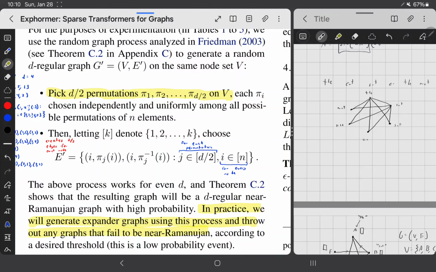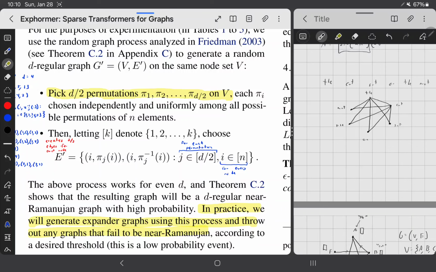So if you have a larger D, you have more edges, and it's basically better, messages are sent further, basically more routing of information. And if you have a smaller D, it's better computationally, but you don't get to send your messages as far, or you don't have as many edges, so it may not be as good.